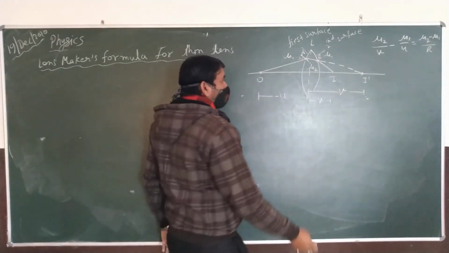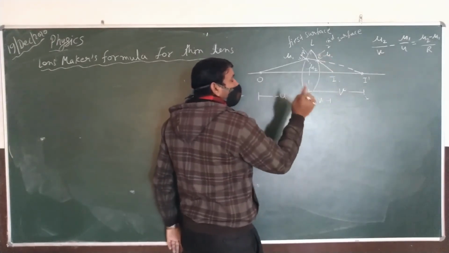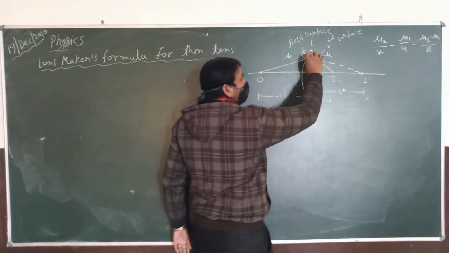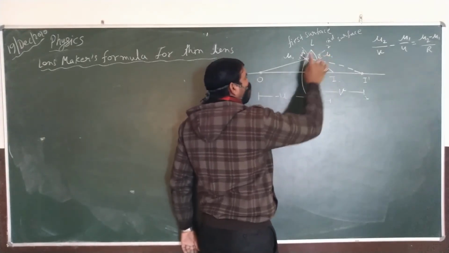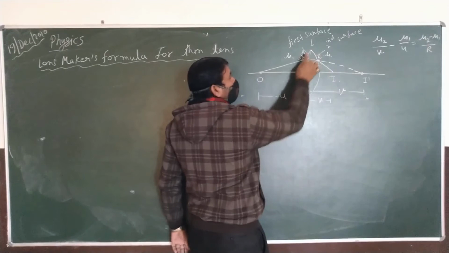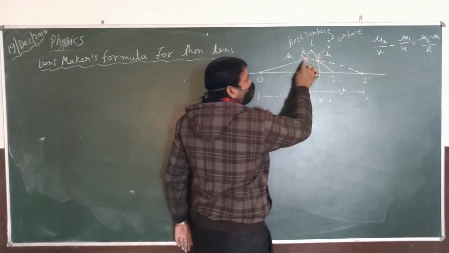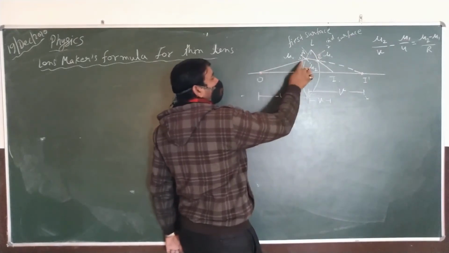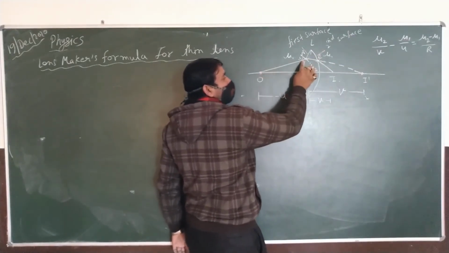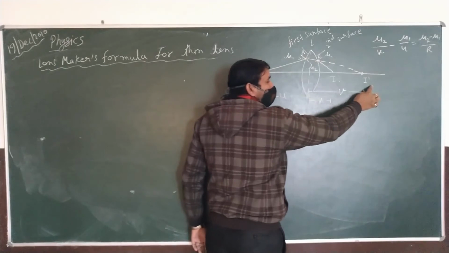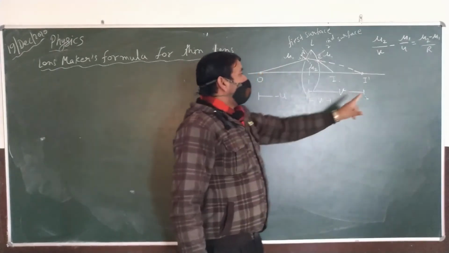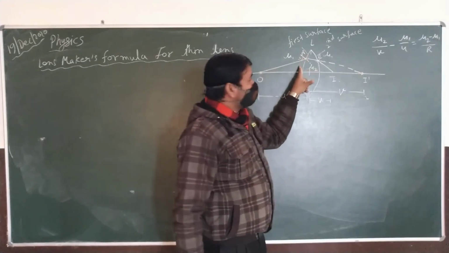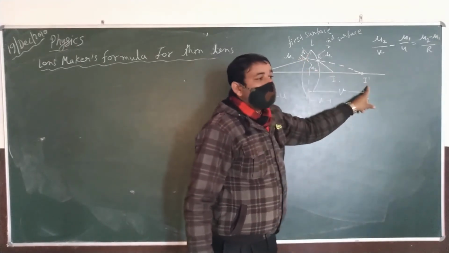Okay, now if the second surface were absent after the first refraction, then the image formed of the object by the first refracting surface is at I dash, because after refraction OA initially goes in the direction of I dash. So we can say the image is formed by the first refracting surface at I dash.